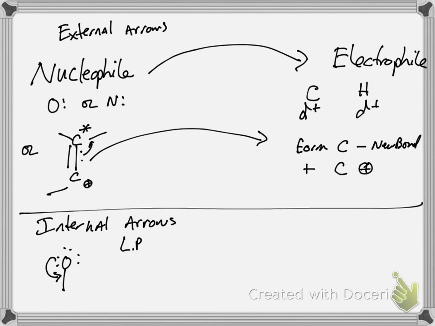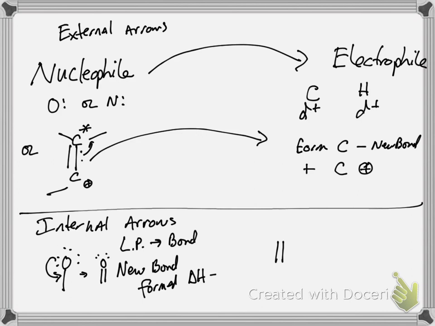That means a new bond is formed, creating a double bond. So that lone pair now became this new bond. That's one version of the internal arrow.